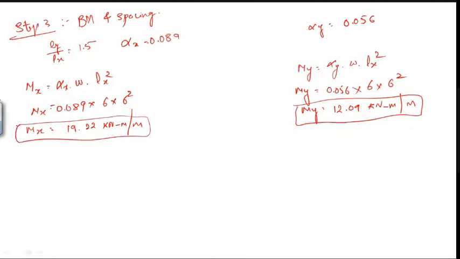Now what was our next step? He says that we should calculate the moment in the middle strip. That is Mx. I'm going for x direction first.